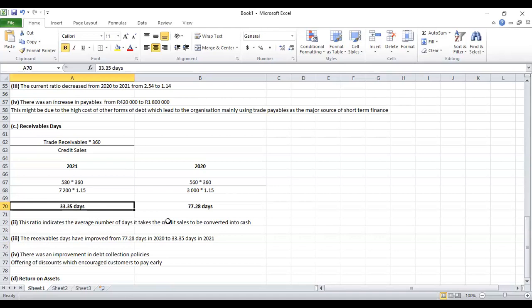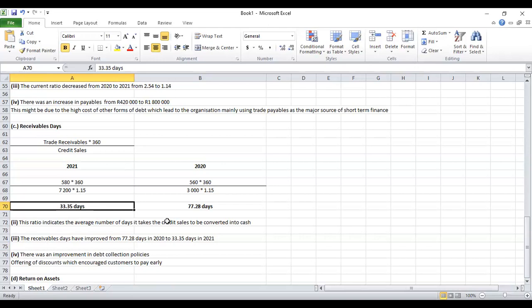Someone is saying it's wrong. Only the 7,200 and 3,000 are multiplied by 1.15, right? Yes.